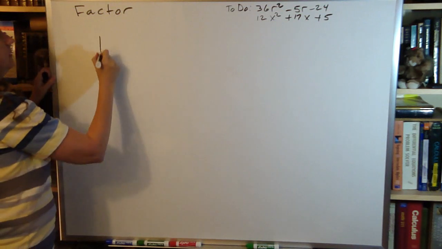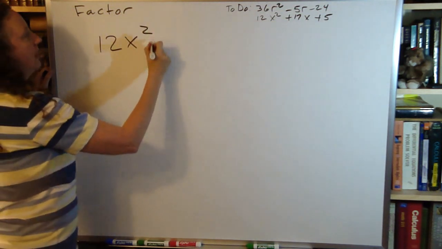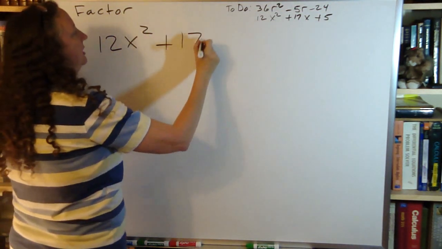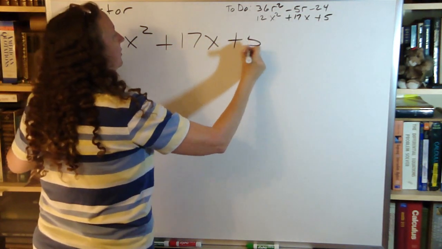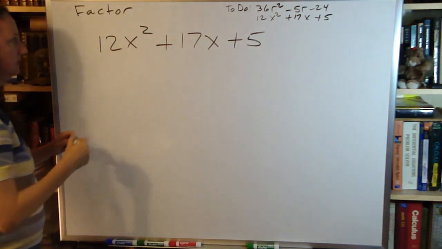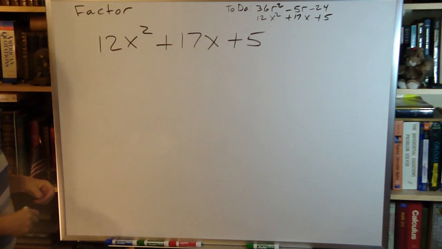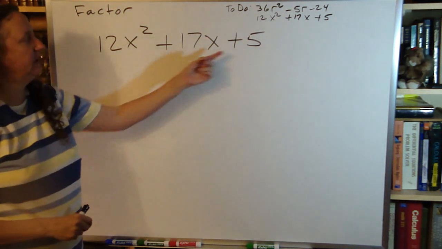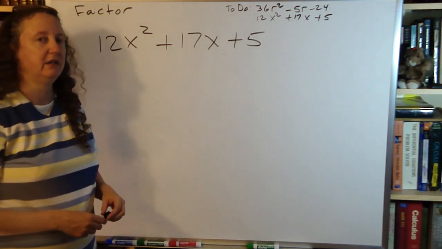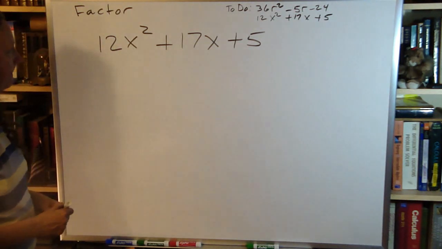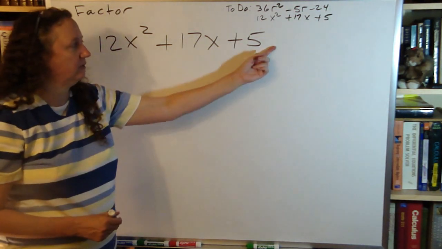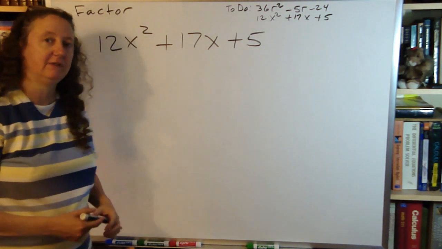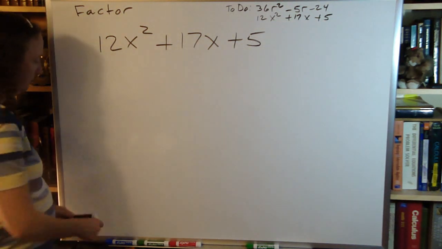Next problem, 12x squared plus 17x plus 5. 12, 17, 5, nothing I can divide out of all three terms. X squared, x, no x, I can't even factor an x out yet.